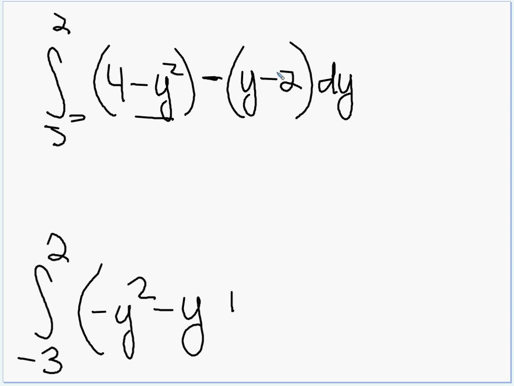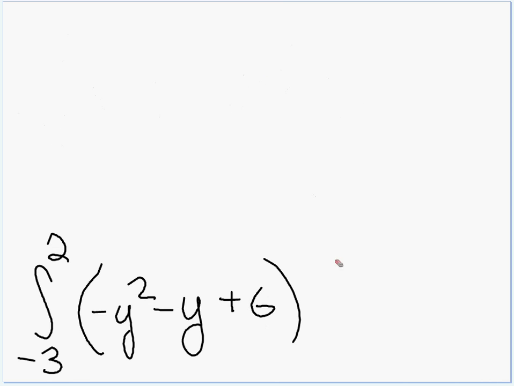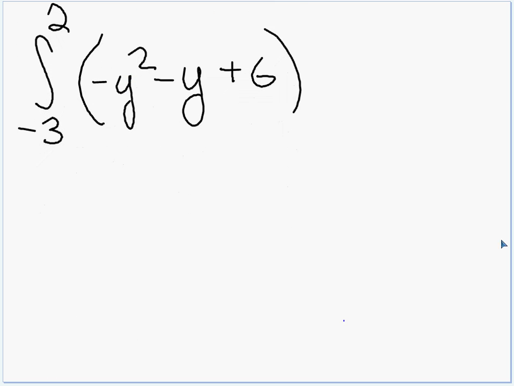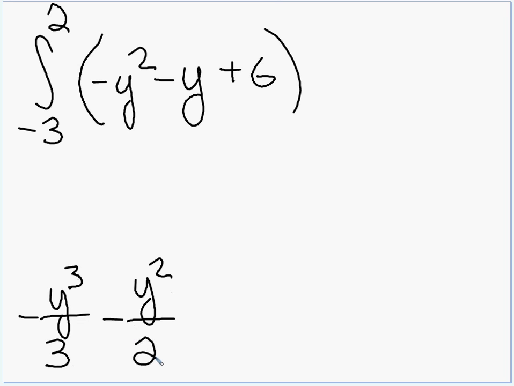Oh no, that'll turn into a plus 2, and with the 4 turn into a plus 6. So this already looks like it's going to be much nicer than the one we just had to do. So let's anti-derive. Negative y cubed over 3 minus y squared over 2 plus 6y from negative 3 to positive 2.